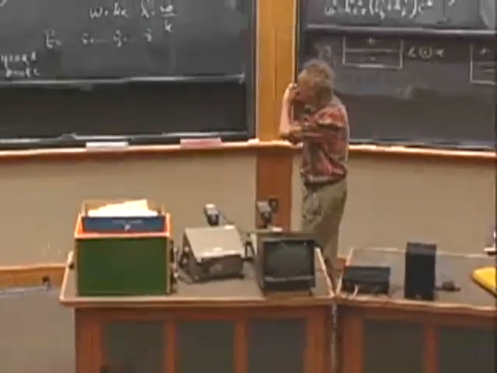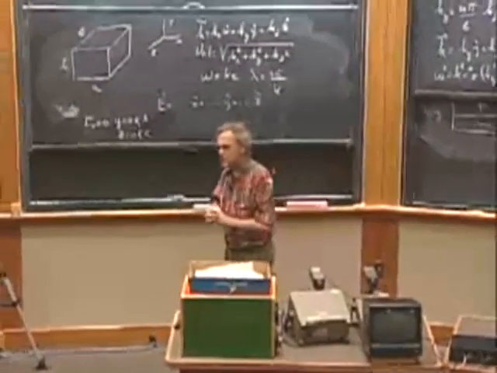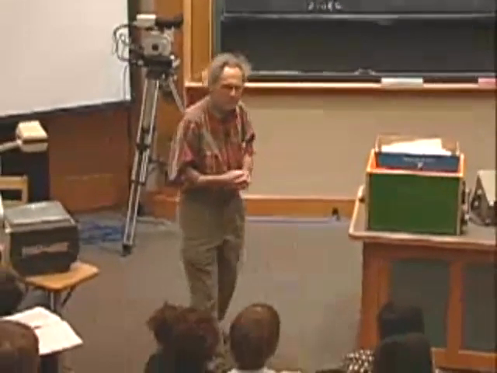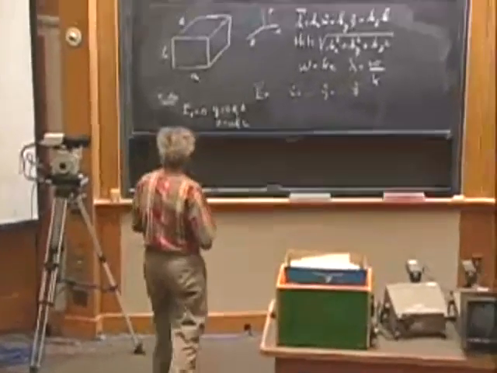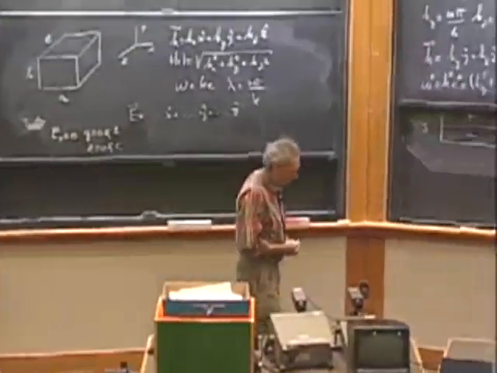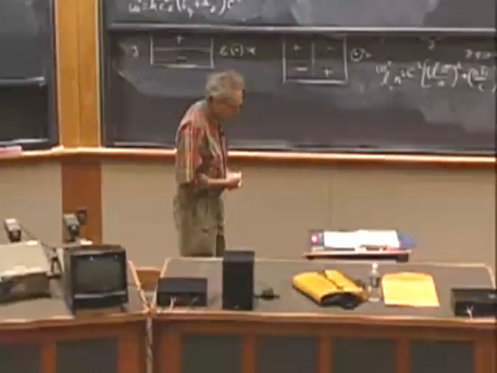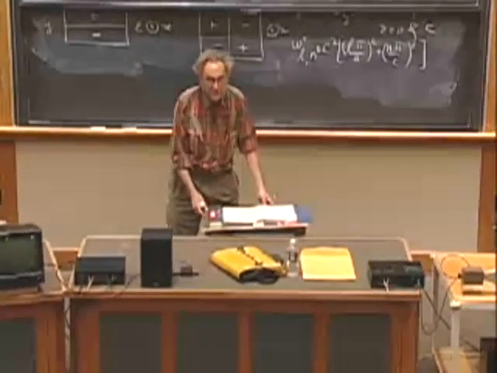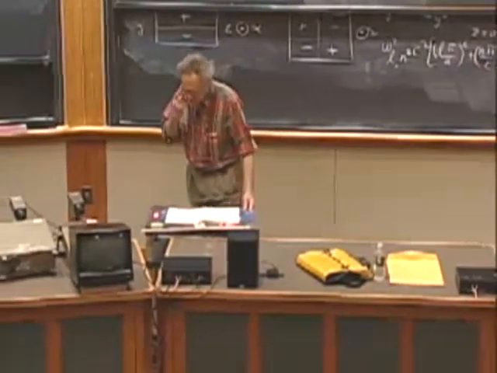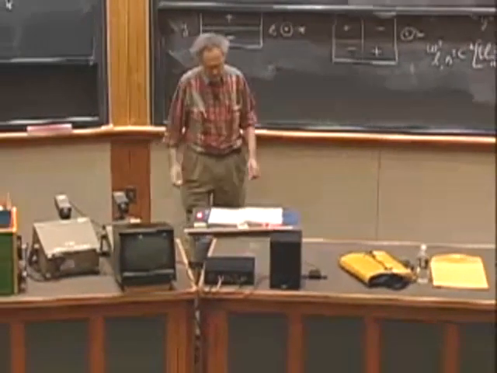Now, I'm going to change gears, because I wanted to find a way to demonstrate this to you. I'm going to make this a box, and I'm going to ask myself, what are the resonance frequencies for sound? Sound is a longitudinal wave, so sound has no linear polarization.